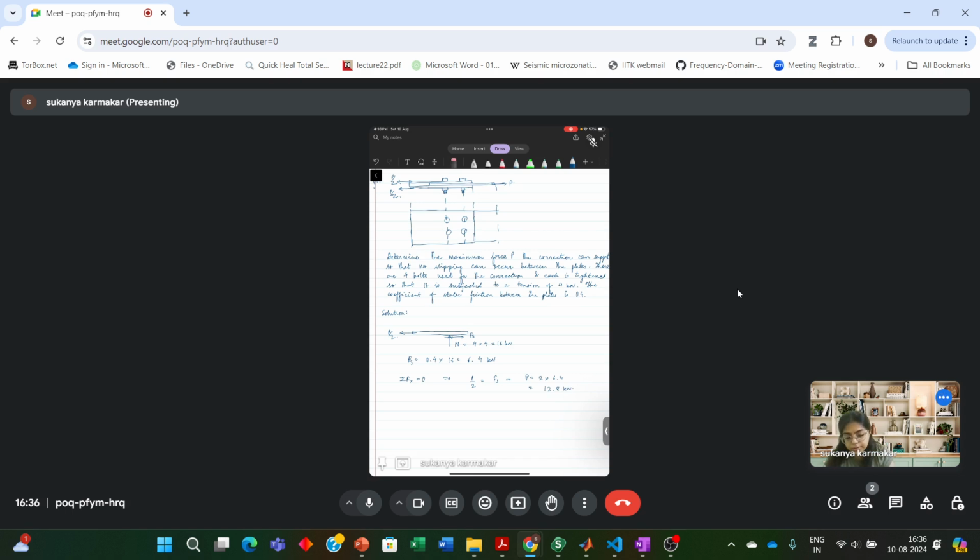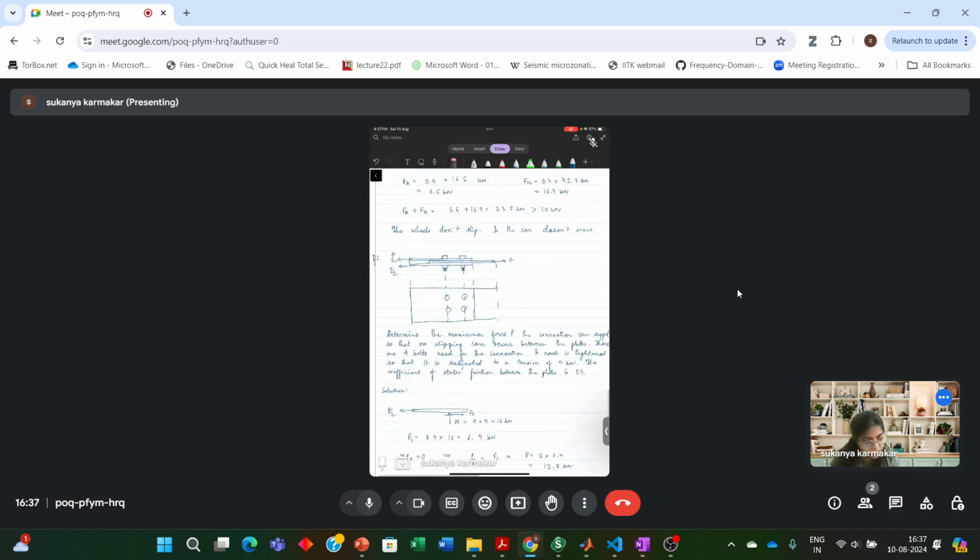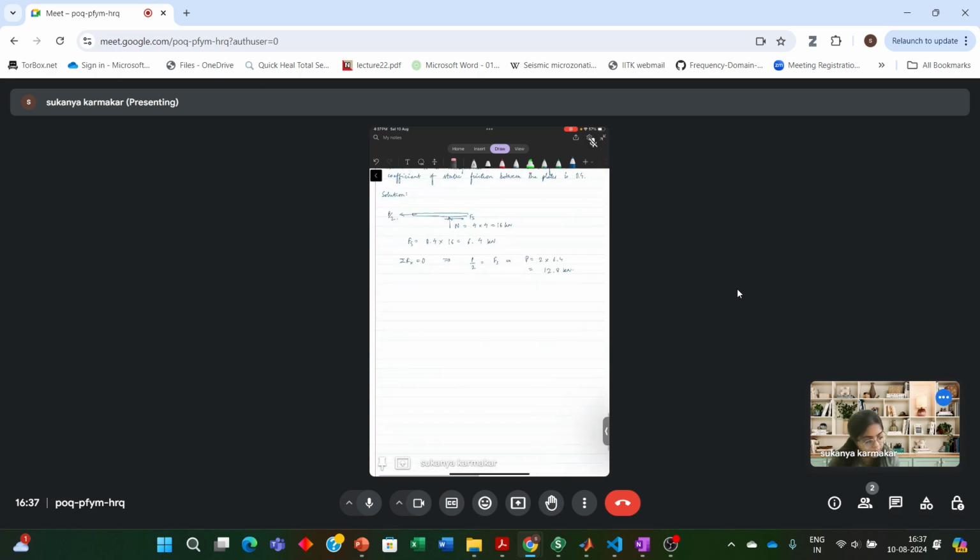Let's look at the next question. So this is question number 7. You have a 5 kg cylinder suspended from two equal length cords.